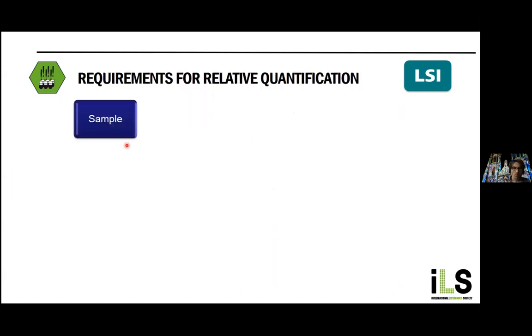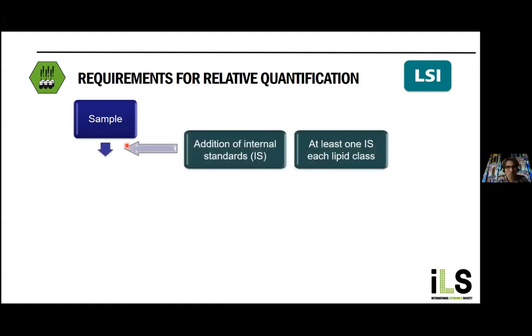So what do we need if we want to do so-called relative quantification? We have a sample, we add internal standards, and I think it's common sense that we have for each lipid class at least one internal standard. It depends on the method you are using whether you use multiple of these internal standards, but you should at least have one for each lipid class.